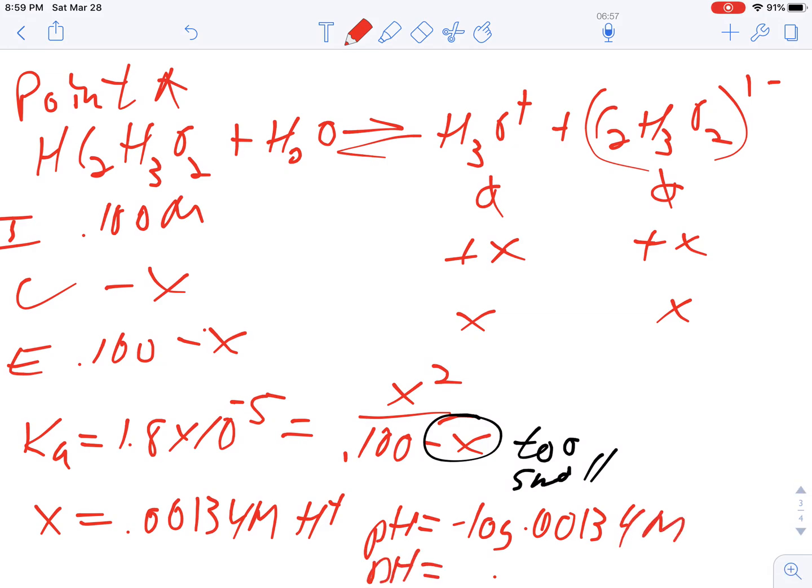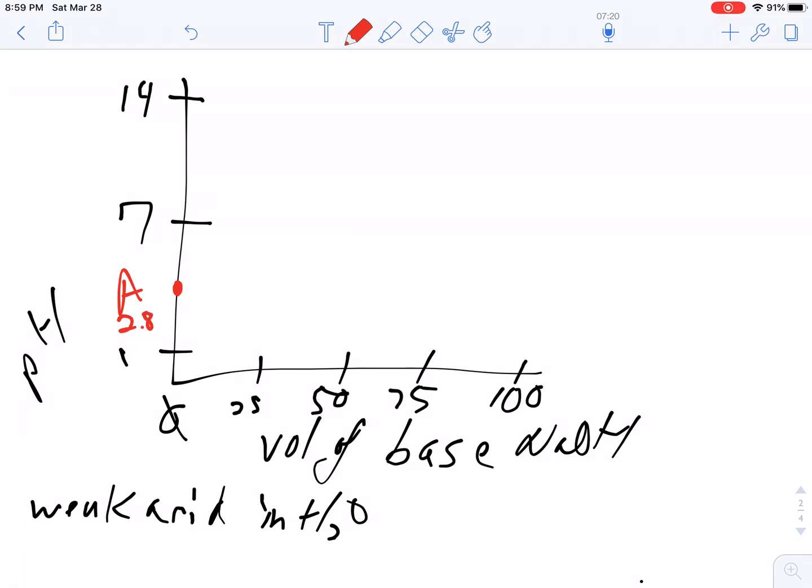So my pH is going to be 2.87. Okay? So when I just have the acid and water and nothing else, my pH is going to be 2.87. So when I start, my pH will be 2.87. Now, what's going to happen when I start to add my strong base?